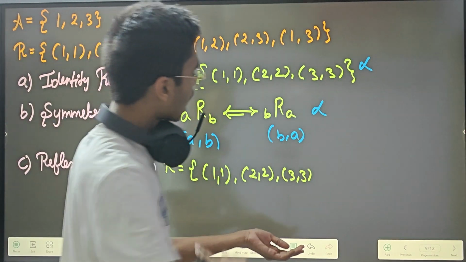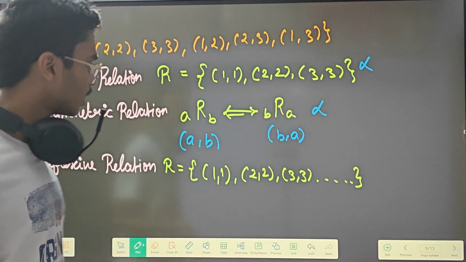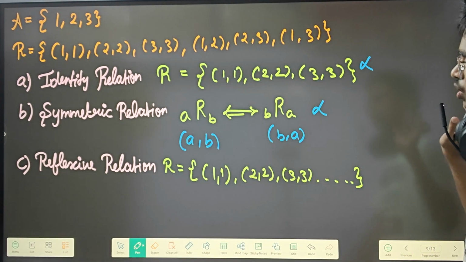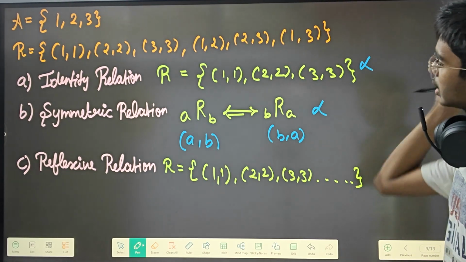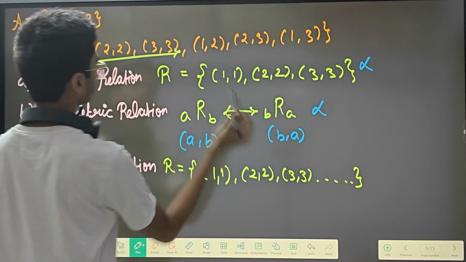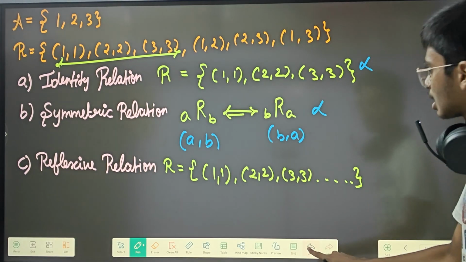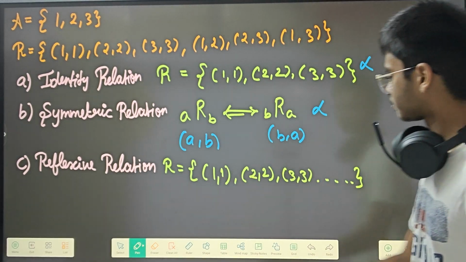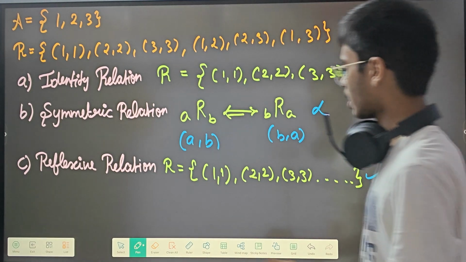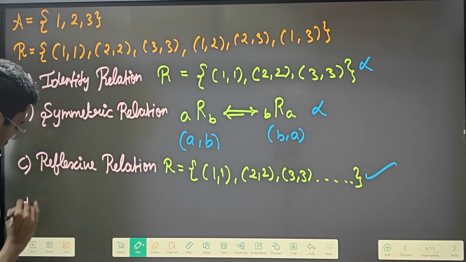Other than that, other ordered pairs may or may not exist. You have to check whether it is a reflexive relation or not. All these exist, and along with that you are having these 3 extra things. So yes, this is a reflexive relation. Next is option D. Here you have to check whether it is transitive or not.